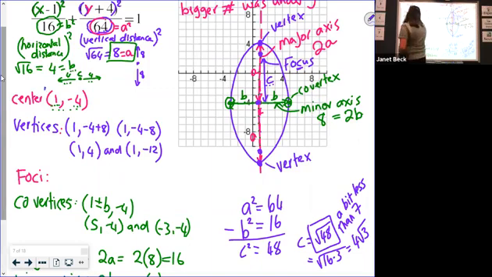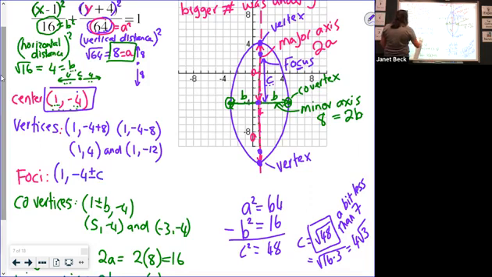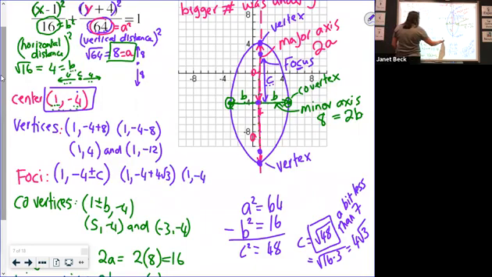So from the center, I'm going up and down, I'm going to change this by C. My foci are going to be at 1, and I'm going to get this -4, and I'm going to add to it, and I'm going to subtract to it our length C. So that's going to be at 1, -4 plus 4 times the square root of 3, and the second one will be at 1, -4 minus 4 times the square root of 3. They were much easier to graph than they were to write their coordinates.